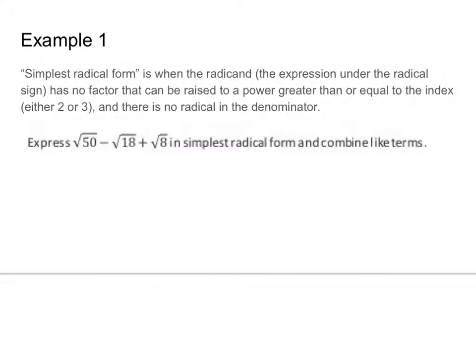All right, our first example. First thing I want to do is point out to you the statement, simplest radical form, which is going to be in a lot of the instructions for your problems.